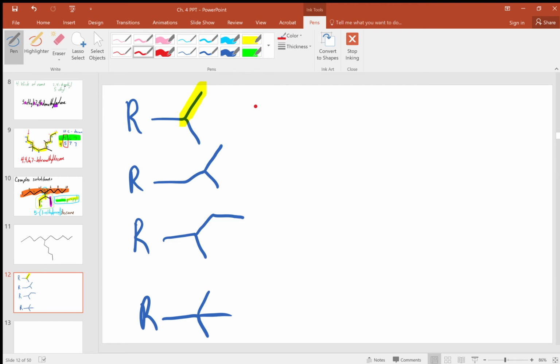So this would be known as 1-methyl ethyl. But 1-methylethyl is such a common substituent that it's known more commonly as isopropyl.